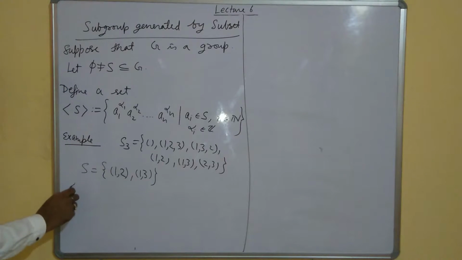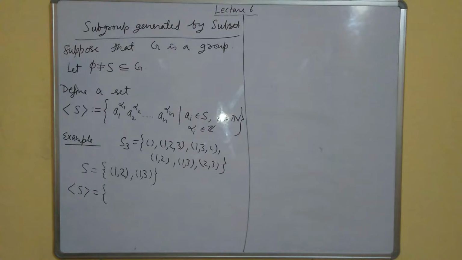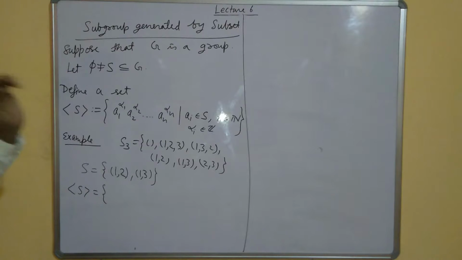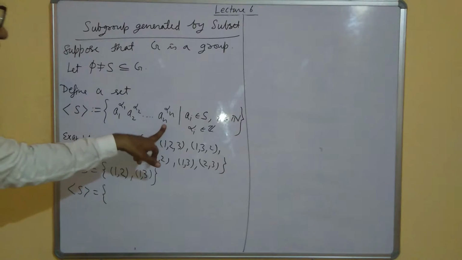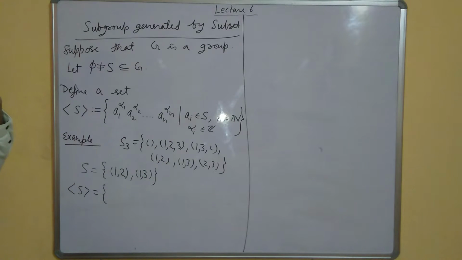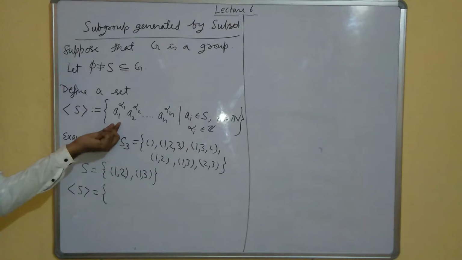Now what do you mean by this subset? The powers here are actually integers, so we can put all the powers 0. It means a1 to the power 0, a2 to the power 0, an to the power 0 means identity. Also this n is a natural number, so n can take value 1 also.